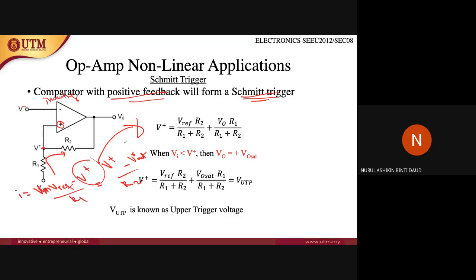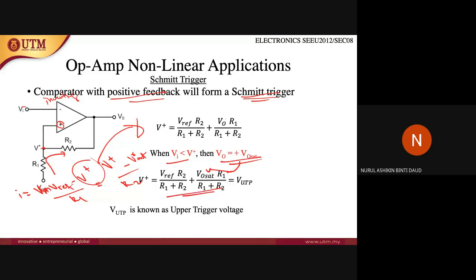So when VI is lesser than V plus, same as an inverting comparator, then VO is equal to positive VO saturation. Replace this VO with VO saturation, and it will look like this.